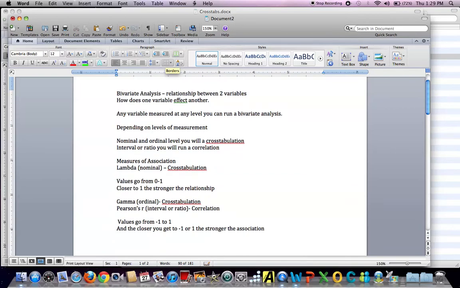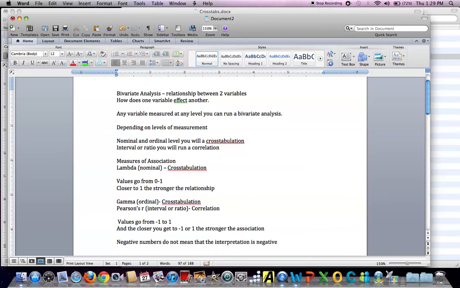What I want you to note is that if it's a negative number, negative numbers do not mean that the interpretation is negative.